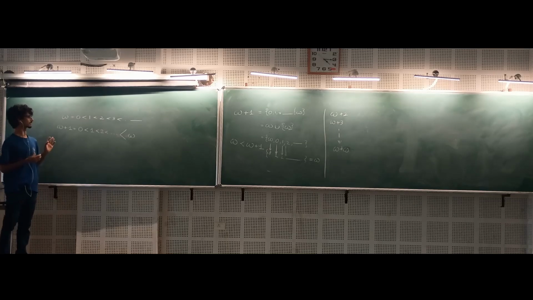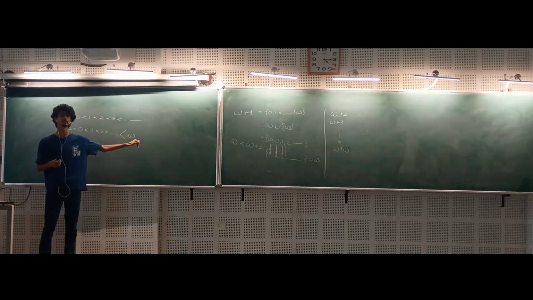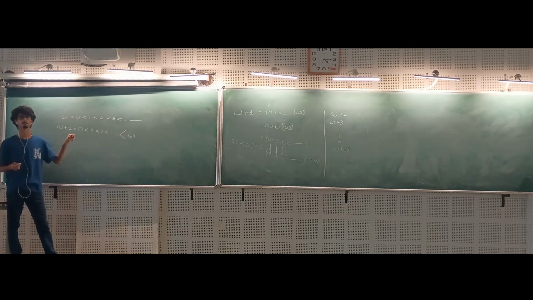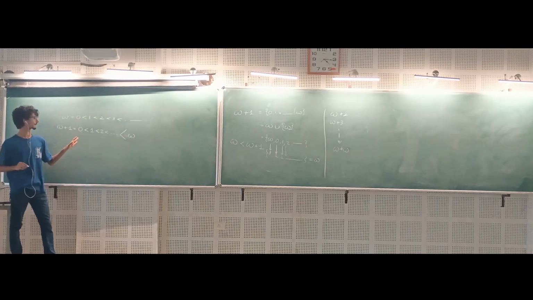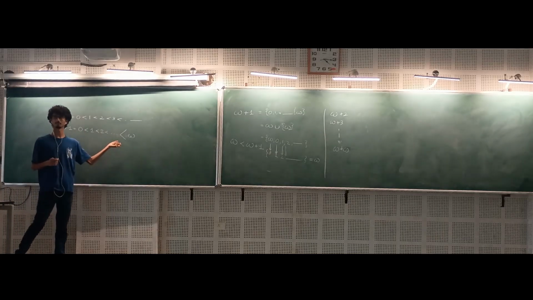Is this notation clear? So it has all of these elements, 0, 1, 2, 3, and it also has an omega, and omega is bigger than all of them. Is the diagram clear? So omega plus 1 can be visualized as this diagram.